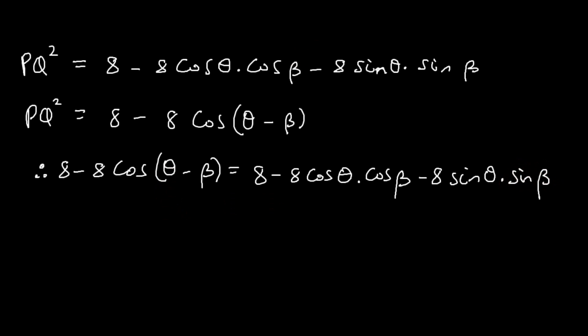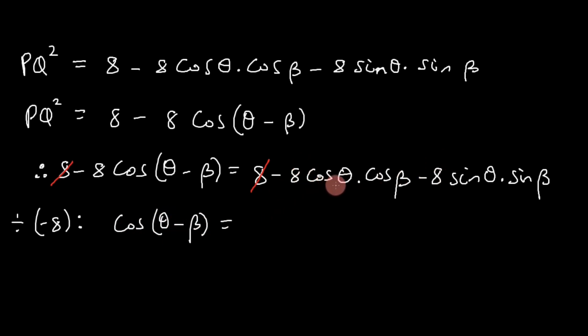Right, now we can see that when we simplify, the 8's cancel on both sides. And then we can divide through by -8, which appears in all these terms that remain. So on the left-hand side here, we're left with cos theta minus beta. On the right-hand side, the -8's cancel out here.